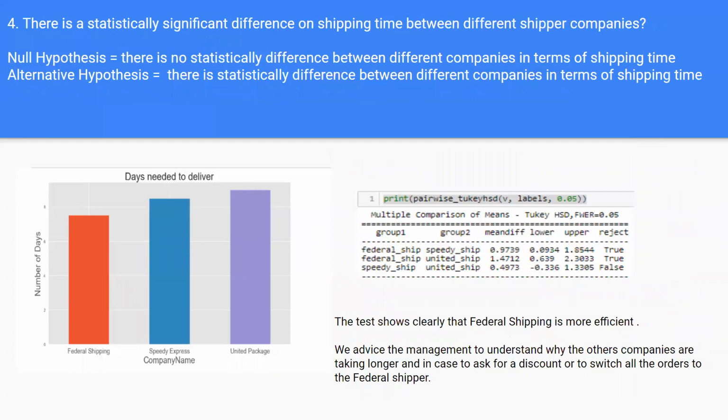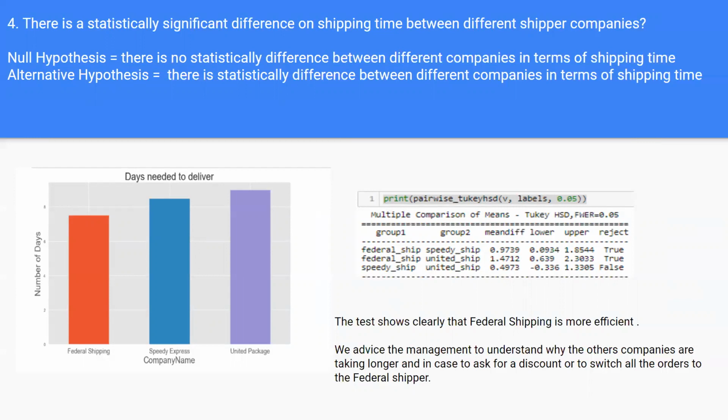leaves us also in this case with a higher revenue. Next question is, is there a statistically significant difference in shipping time between different shippers? As we can see from the graphic that we obtained, and also from our test results, Federal Shipping is actually more efficient. In this case, we checked the number of days each company took to complete a delivery successfully.